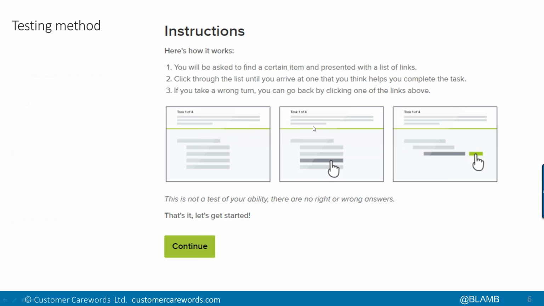We used Optimal Workshop. Participants came online and were presented with instructions saying, you'll be asked to find a certain item and presented with a list of links. Click on the links where you think the answer to your task might be.